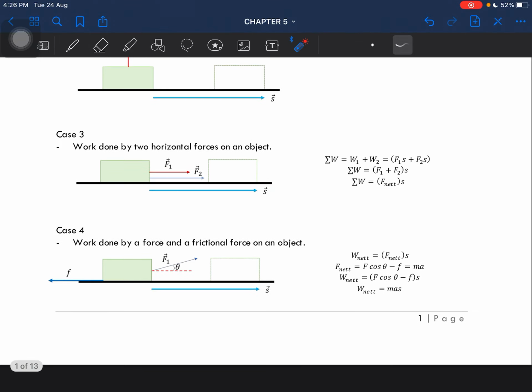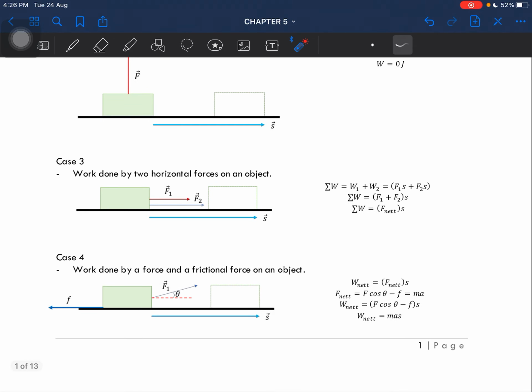Okay, and then the fourth case is work done by a force and a frictional force. Again, for this one you have to find the net force in order to find the work done on the whole system here. So for this one, yes, there is still work done because the angle is not equal to 90 degree.